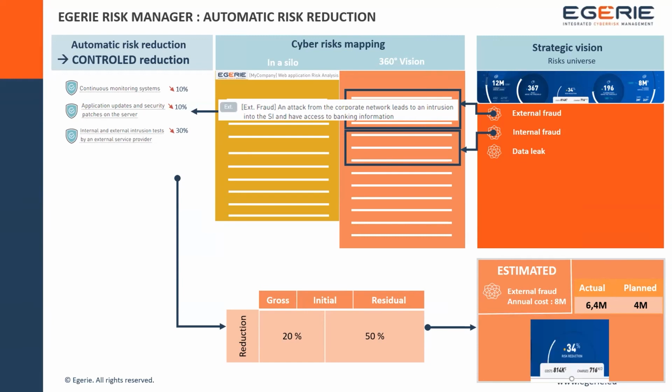And more globally, this 34% reduction amongst all of the macro risks is a mastered reduction. So this is the example of the top-down automatic risk reduction that you can perform in our EGRE Risk Manager platform.